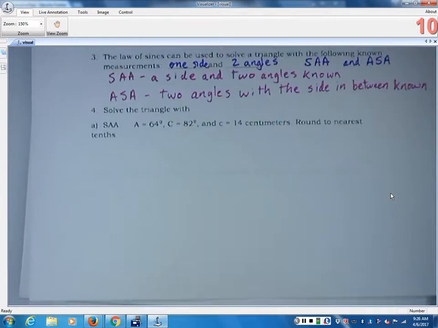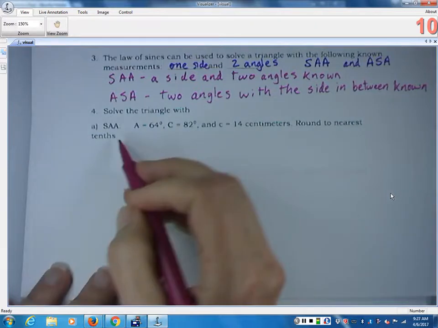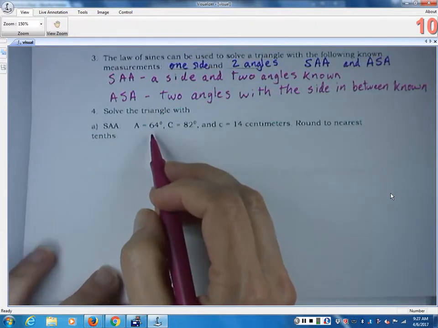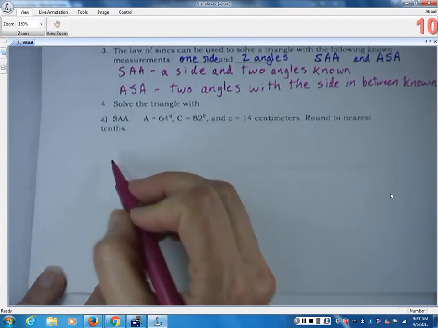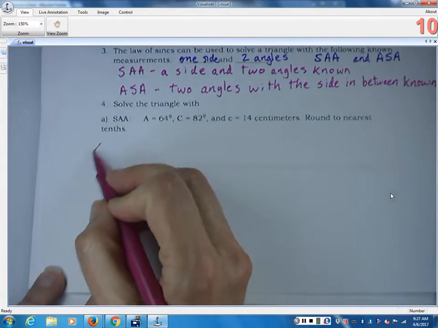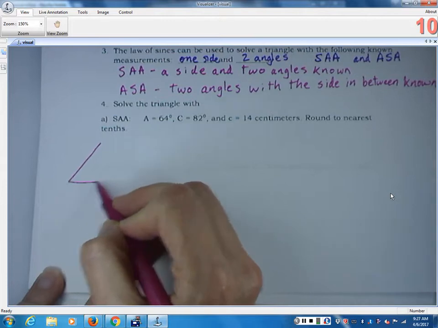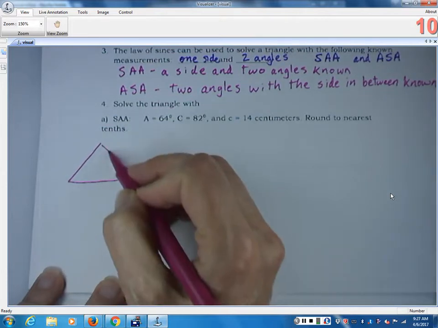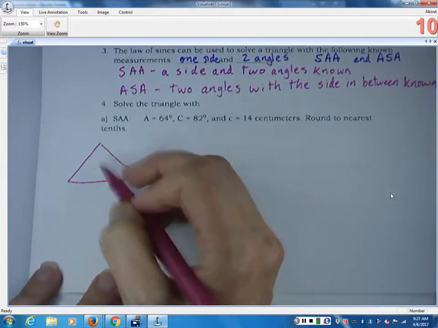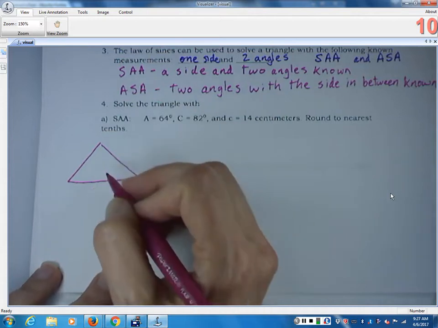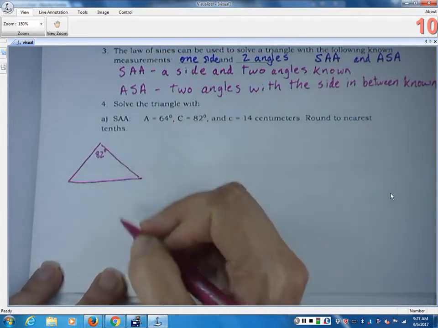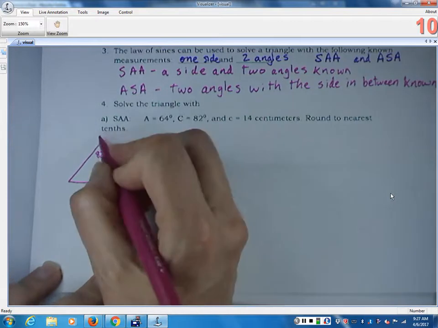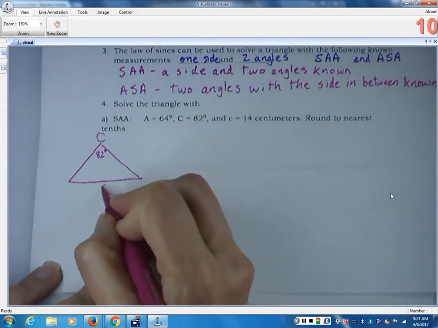All right. So we've got a side angle example here. So it's always a good idea to draw a picture. I'll try to draw one that, I don't know, they all look like 90 degrees up here. But anyway, this is going to be the 82 degrees. This is capital C, small c.